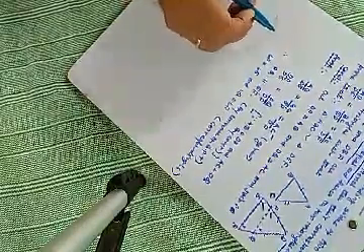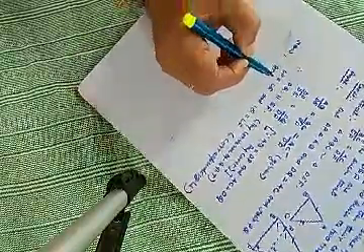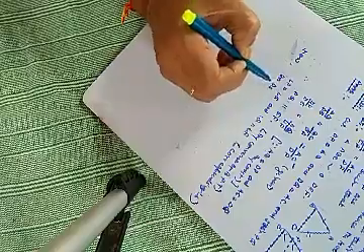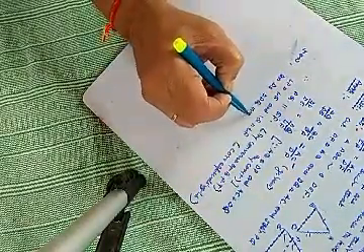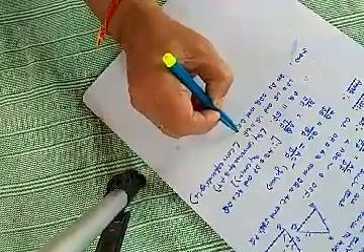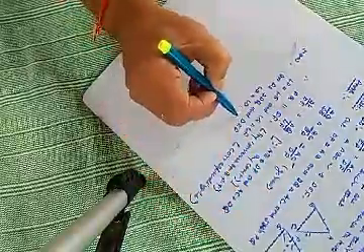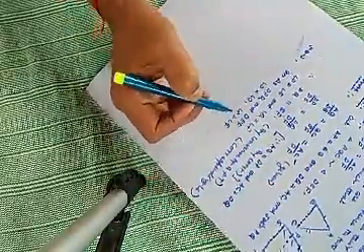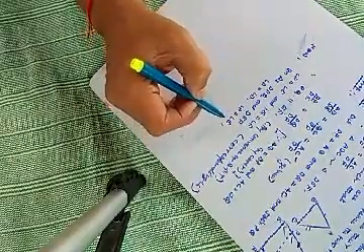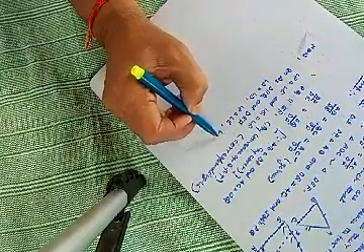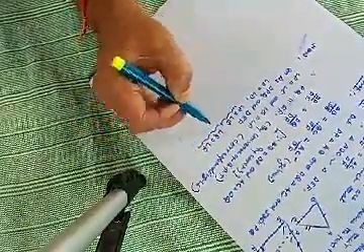Now in triangles DPQ and DEF, angle D is equal to angle D, common; angle P is equal to angle E, above proved; and angle Q is equal to angle F, both above proved.